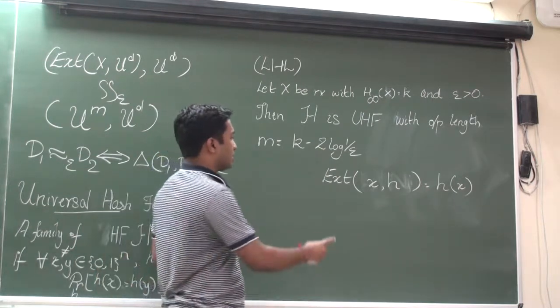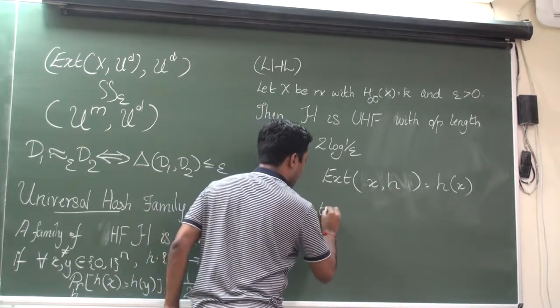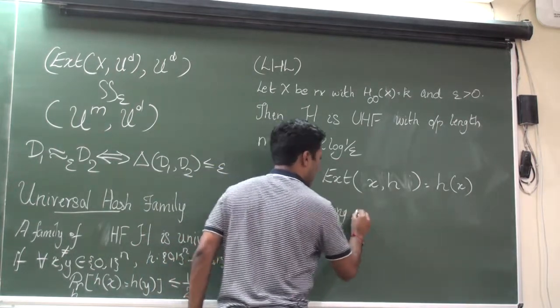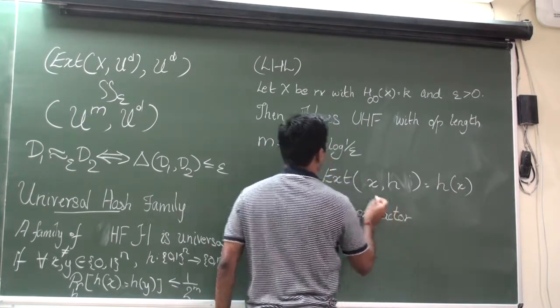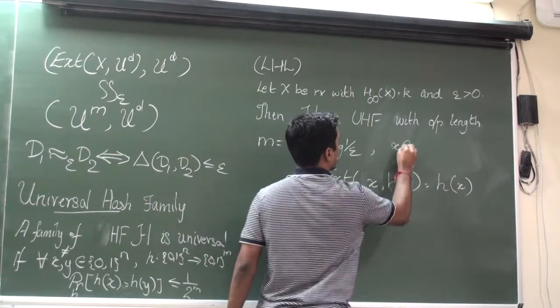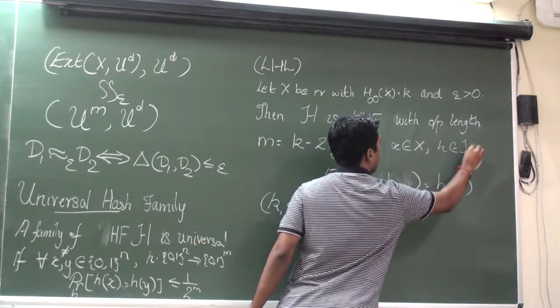This is a k, epsilon strong extractor. And x should come from the distribution X and the hash function from H.